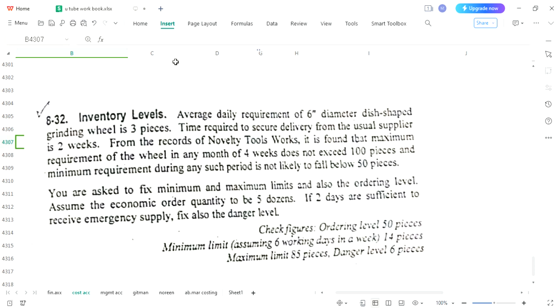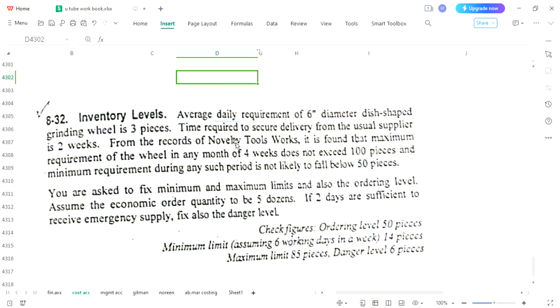The important factor which is over here is daily requirement. Please note it down, this is daily requirement.